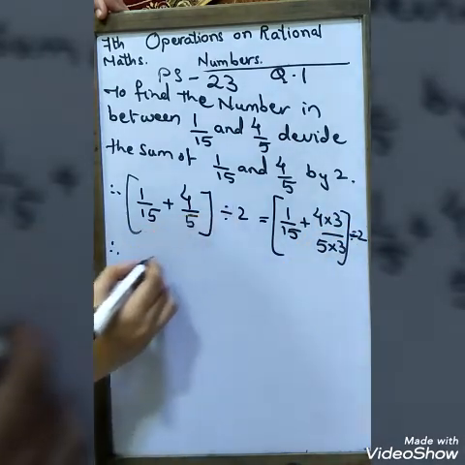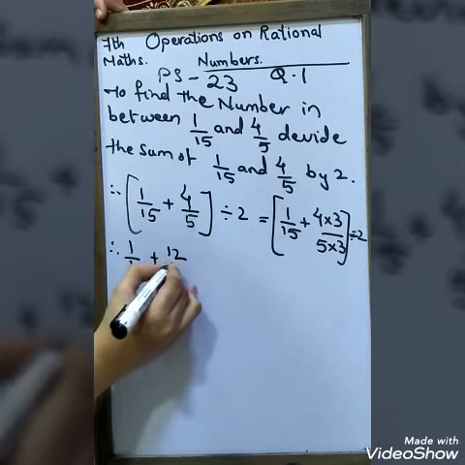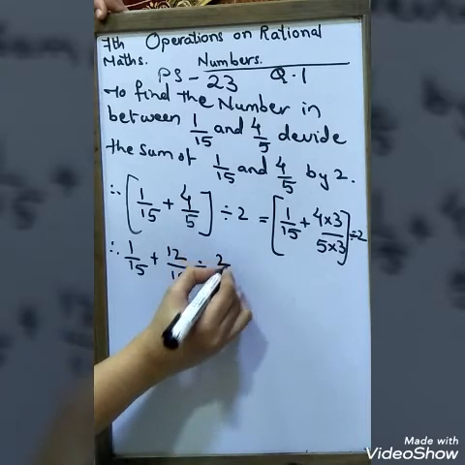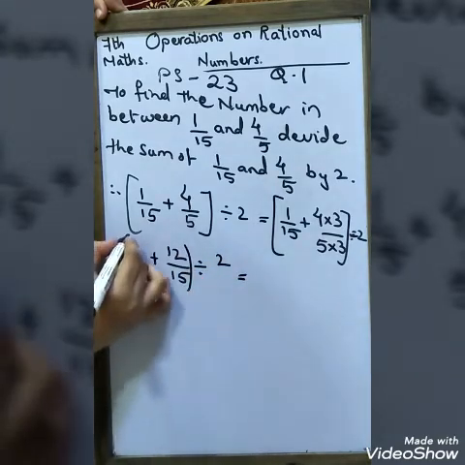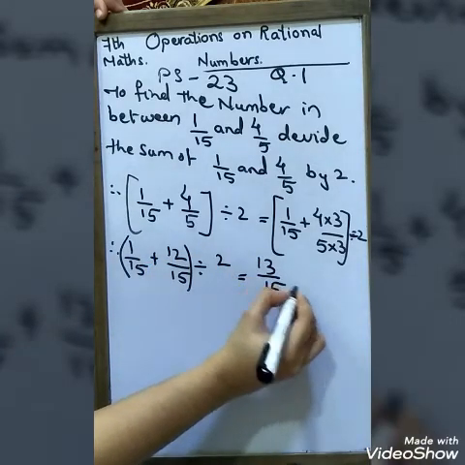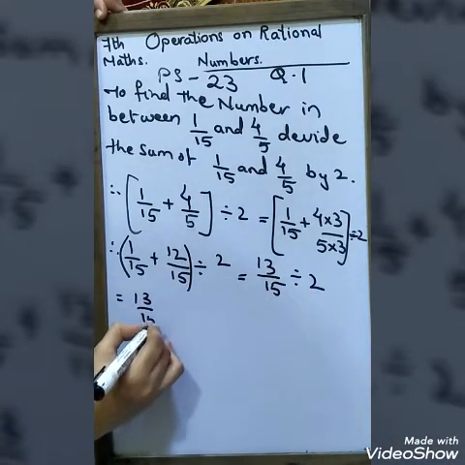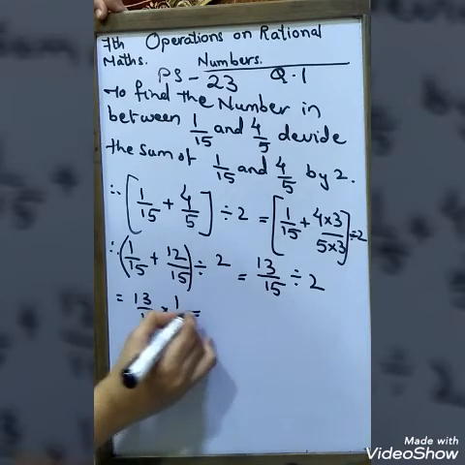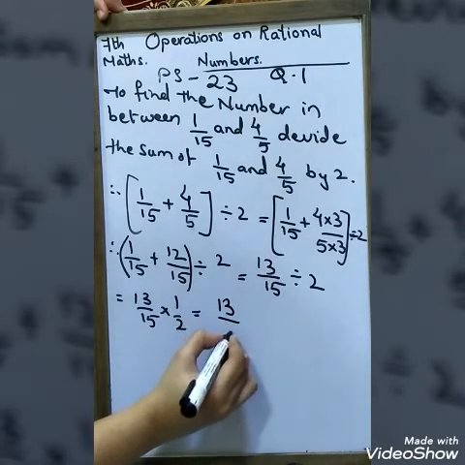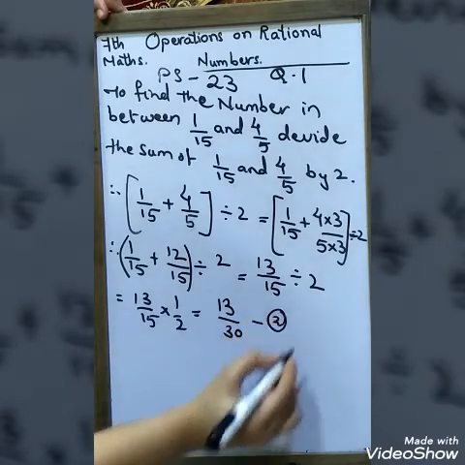So therefore it will be 1 upon 15 plus 4 3s are 12 upon 15 divided by 2. So it will be equals to 1 plus 12, it's 13 upon 15 divided by 2. So the answer will be 13 upon 15 into 1 upon 2 is equals to 13 ones are 13 upon 30. So the second number is 13 upon 30.